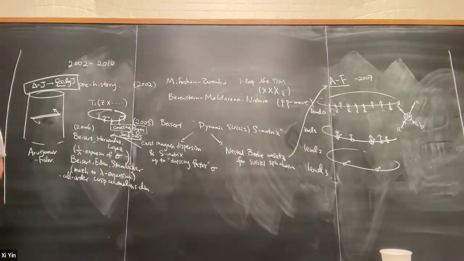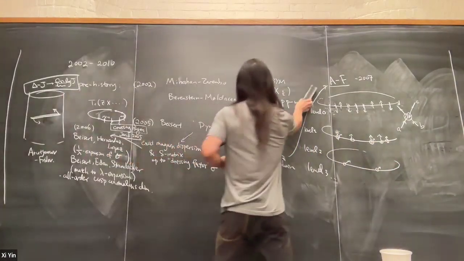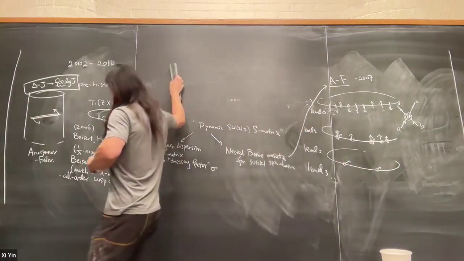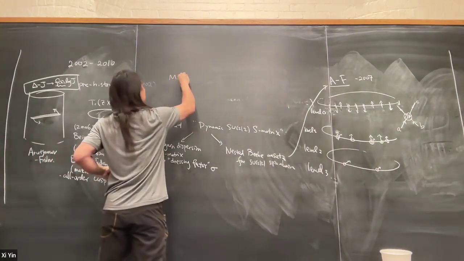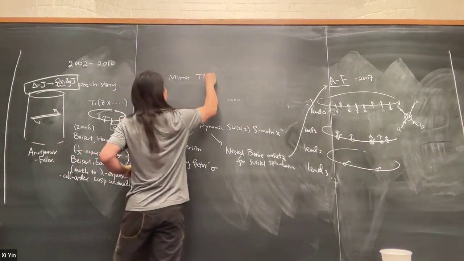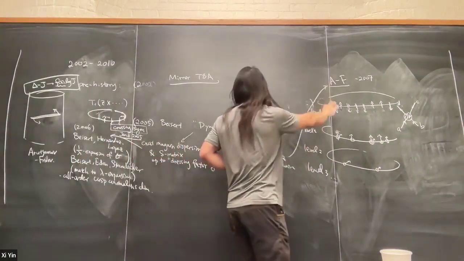Which is probably the next most important assumption, which is what's known as the mirror TBA. This was also due to the work of Arutyunov and Frolov.